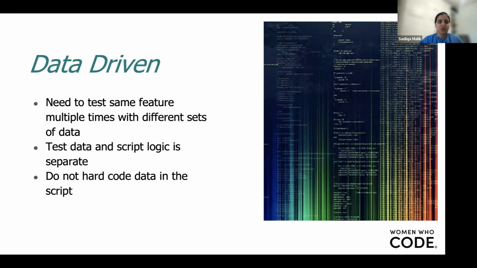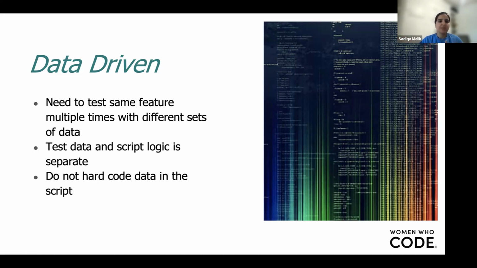For this script to work efficiently, one thing to keep in mind is do not hard code your data into the test script. Then it defeats the purpose, right? You're not able to run it for multiple data sets and change your data set when required. In this data-driven framework, your test data is separated from your script logic. So the advantage is that you can constantly change your data or add data.